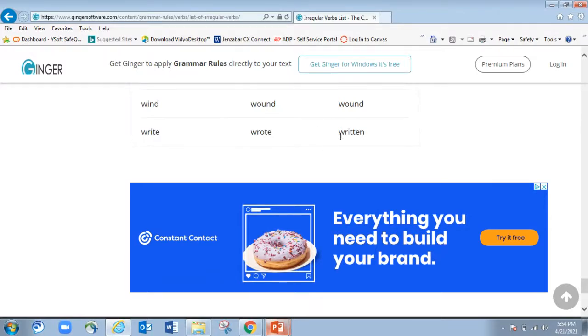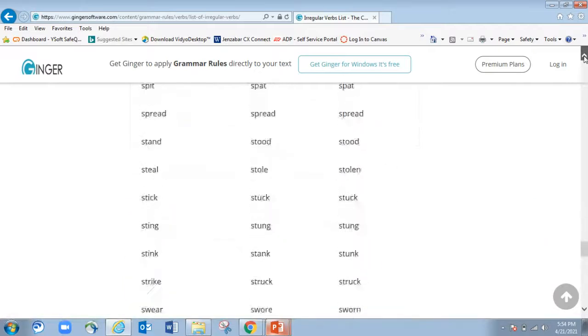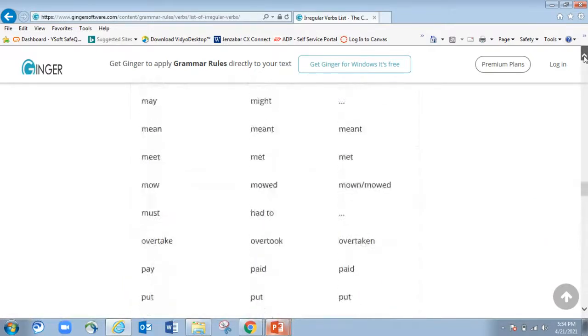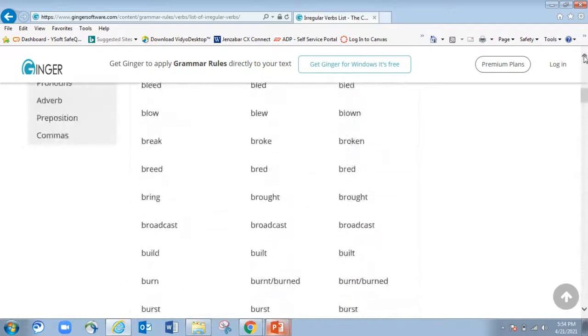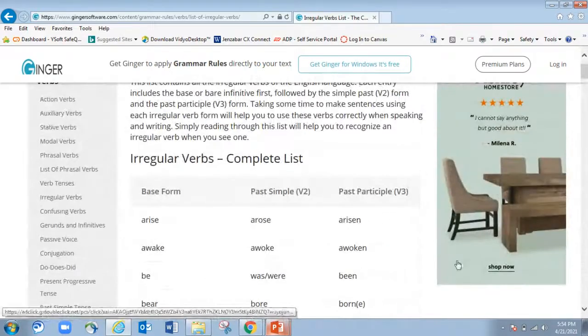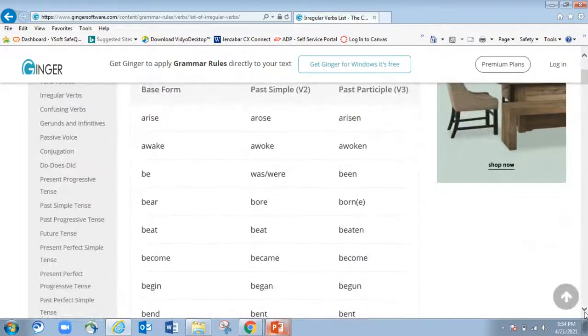of the verb to be before the word written. The poem was written. Was is the form of the verb to be, written by Shakespeare. So this third category that is called past participle, what I want you to do is, for the time being, if you're still learning English and you're in the starting stages of learning English, don't worry about it.